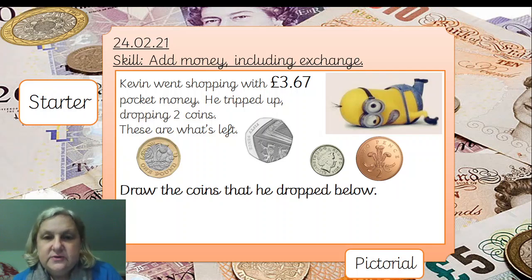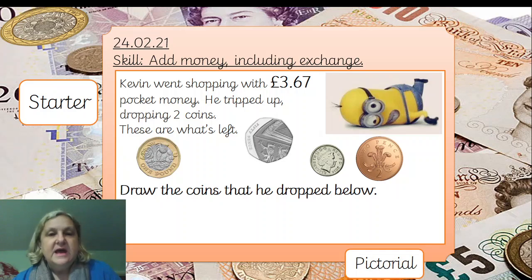Okay, so hopefully you've had time to do that. We had the first amount, which was the pounds, and he had £3 to start with, and after he dropped the coins, he had £1 left. The difference between 3 and 1 is 2, so he dropped 1 £2 coin.